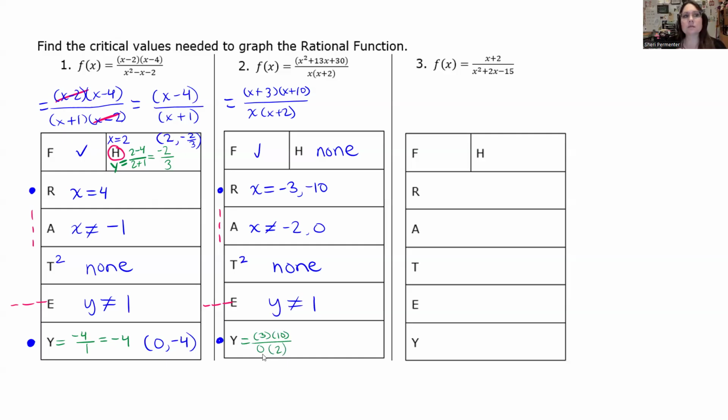Okay. What's 0 times 2? What happens when you divide by 0? Undefined. Okay, if it's undefined, that means you don't have a y-intercept, so there's none. And the reason why there's not a y-intercept is because you have an asymptote at 0, so your graph can't live there.